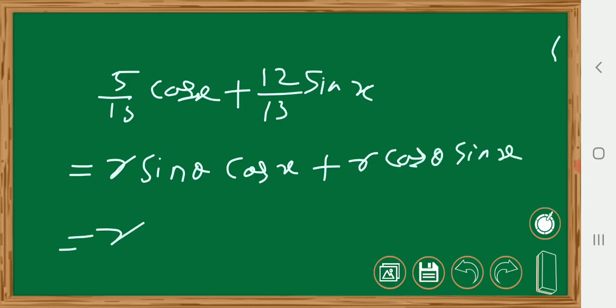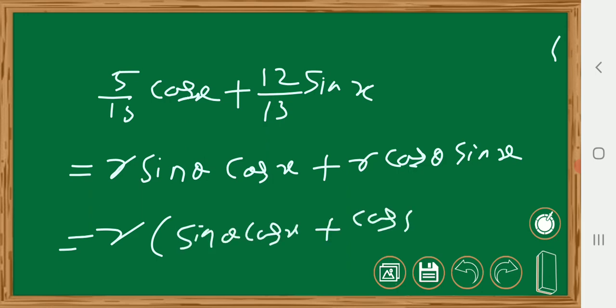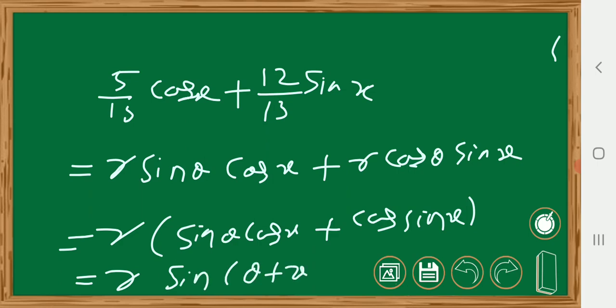So this is r into (sin theta cos x + cos theta sin x). Now you can write it in the form sin(theta + x). Isn't it? Okay.